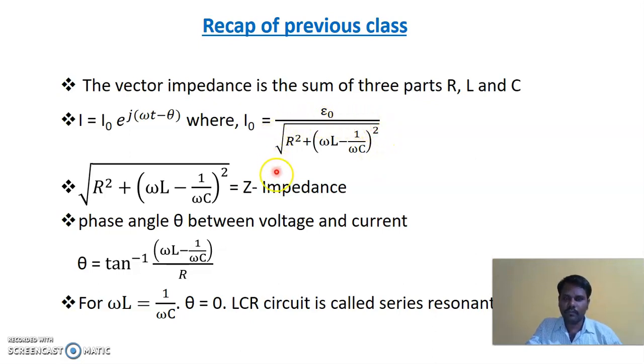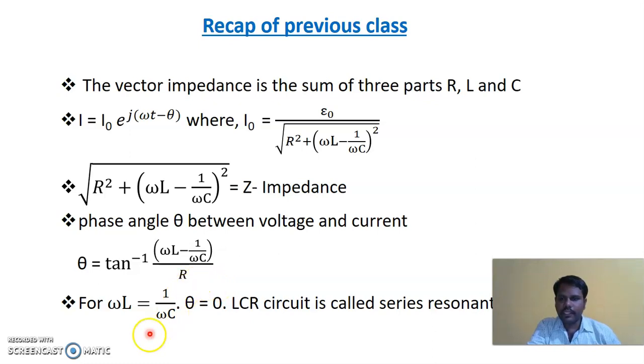This term is called impedance, and depending upon the value of omega L and omega C, we see the phase differences between voltage and current. The phase difference is given by theta is equal to tan inverse of (omega L minus 1 over omega C) divided by R.